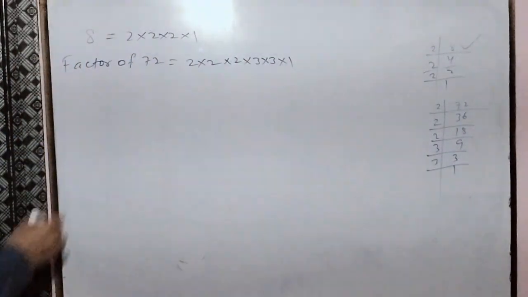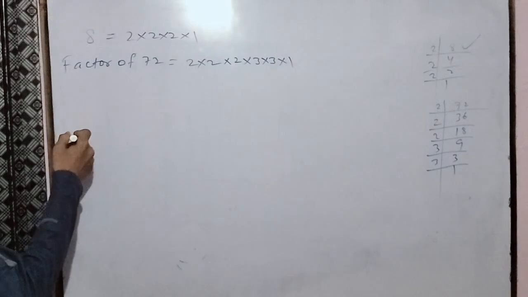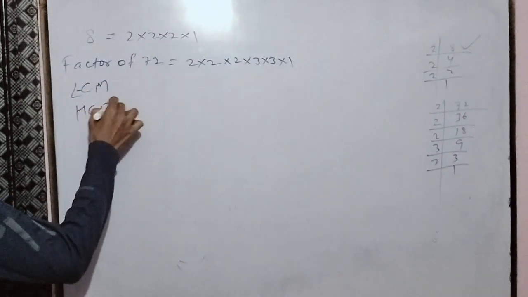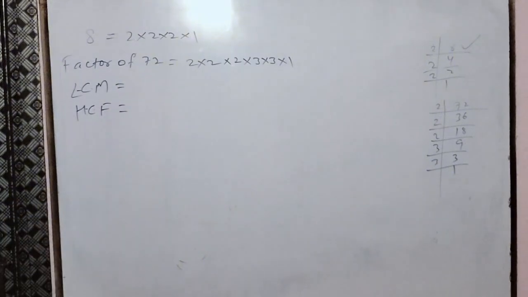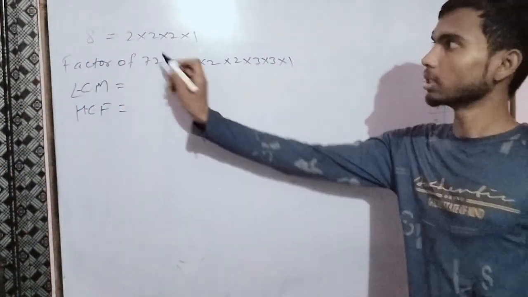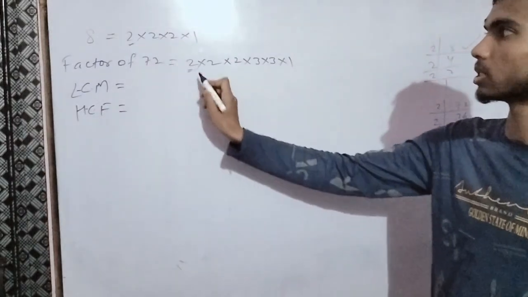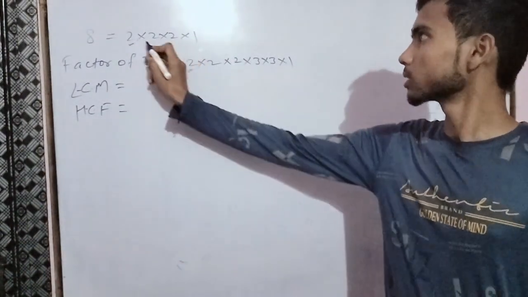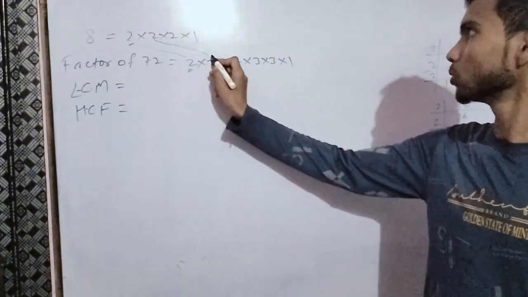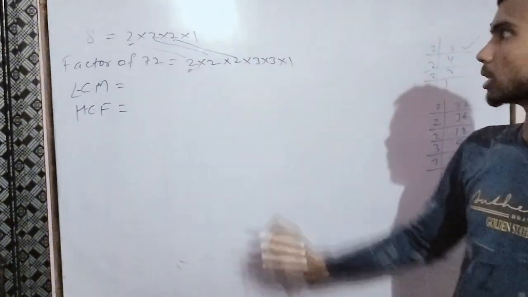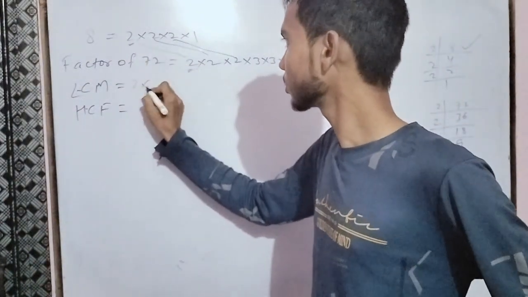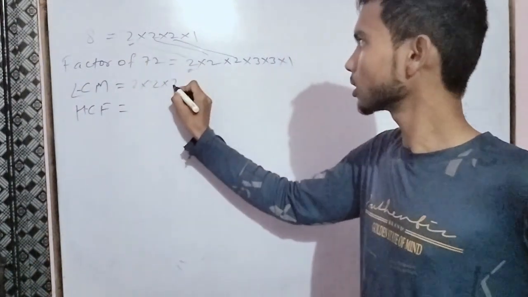Okay. Now from here you can understand LCM and HCF. Here in this is 2, this is 2, then 1, 2, 3. In LCM, how many times will we take the 2? 3 times.